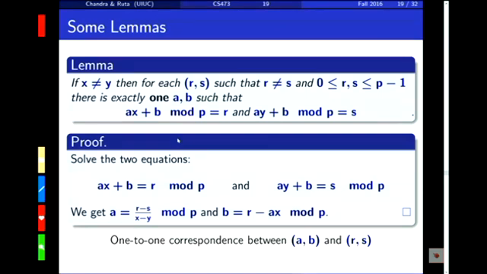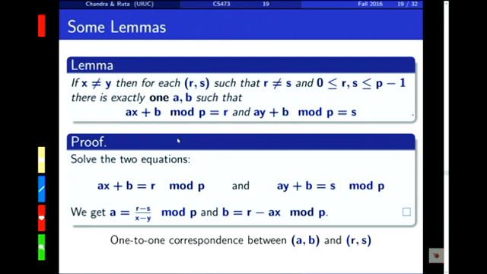And it kind of boils down to exactly solving a system of linear equations. So think of A and B as variables, and X, Y, R and S as constants. Then you have two linear equations. If there was no mod P, then you can uniquely define it, right? Because you can subtract AX plus B equals R from AY plus B equals S. That gives me A times X minus Y equals R minus S. And then just divide, because X not equals Y, so X minus Y is not 0.